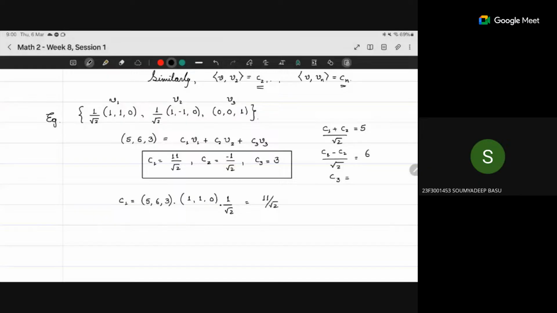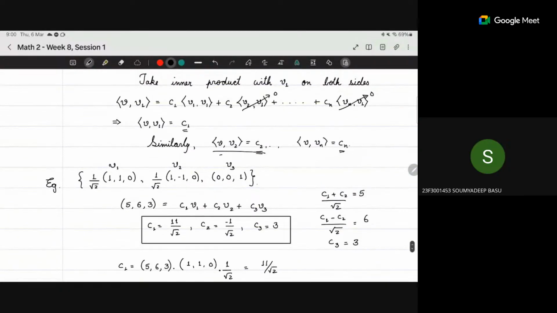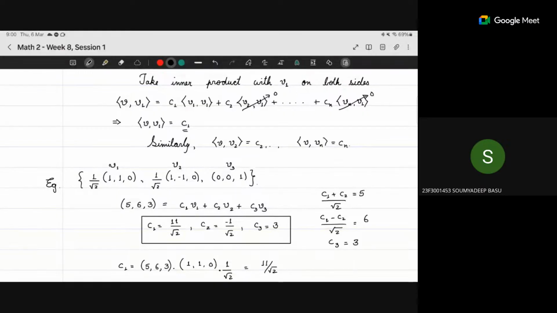But you see that if this was not like a (0,0,1), this system would be complicated and go into Gaussian elimination. Whereas using this property, the coefficients of the linear combination using an orthonormal basis are obtained simply by this: the ith coefficient is the inner product of the vector with the ith basis vector.